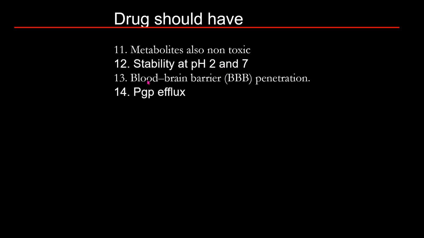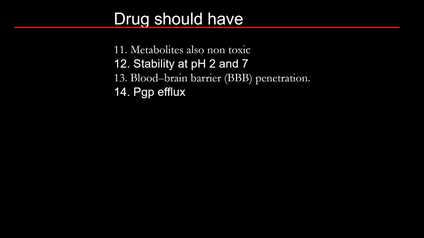Then there is a barrier which separates the brain from the rest of the body. It's a very polar barrier. It allows only nutrients and oxygen to reach the brain. It does not allow other molecules, xenobiotics, viruses, and other things to cross, because the brain homeostasis has to be maintained very well.